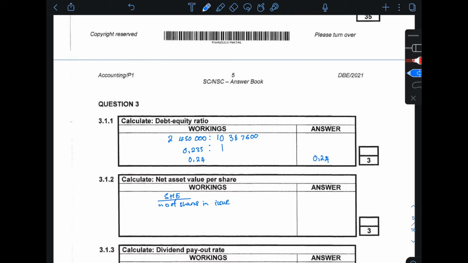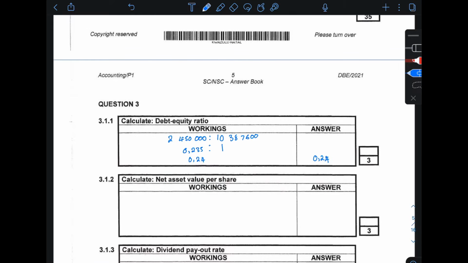Remember all these formulas. And the wording, they just give you the formula. It's net asset value per share. If you would look at my previous video, I was explaining how your equity is defined to be your net asset value. So you can just watch the previous video and check that out.